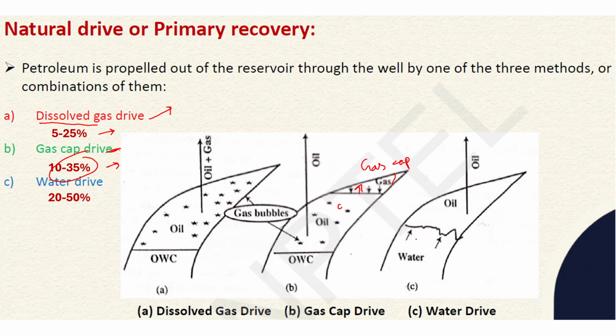As the pressure of the well is now low, the pressure of the reservoir is lower, and due to this, the brine water pushes the oil along with it, and with the pressure from this water, the oil gets extracted. So basically, it is the water drive. This water provides a driving force for the extraction of the oil, and 20 to 50% of the crude oil gets extracted from the water drive.